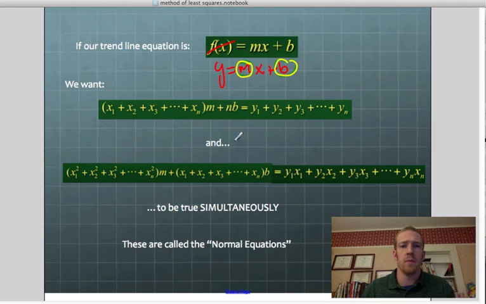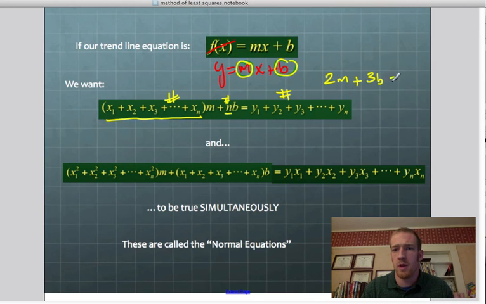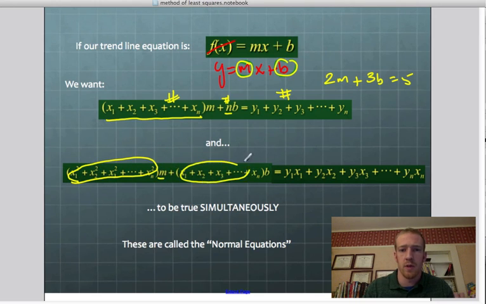So what we're going to do is make a system of equations where the coefficients are numbers for the m and for the b. We have something like 2m plus 3b equals 5. Then you get another equation with the sum of all the squares times m, the sum of all the x's times b, and the sum of all the products of x and y.